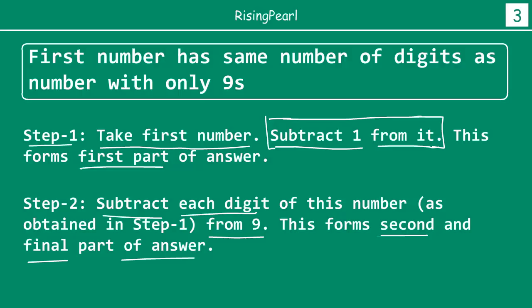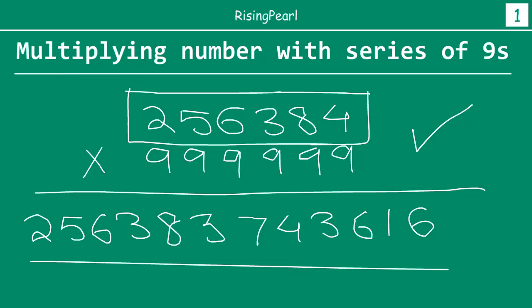Let's quickly revisit what we already did a little while ago, right? Remember the question that we handled? Here, this is what we did. If you carefully look at this, we took a random number 256384 and we multiplied this by 999,999.